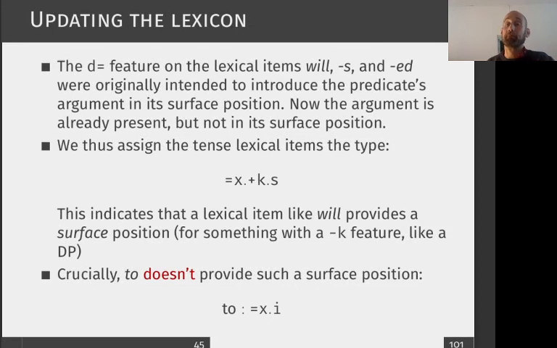Okay, so that's going to be our solution here. And the reason that we want this is so that we can enforce the dependency between it and a finite complement and John and a non-finite complement. Right? We couldn't do that with just the lexical items that we had extracted via our grammatical reasoning.